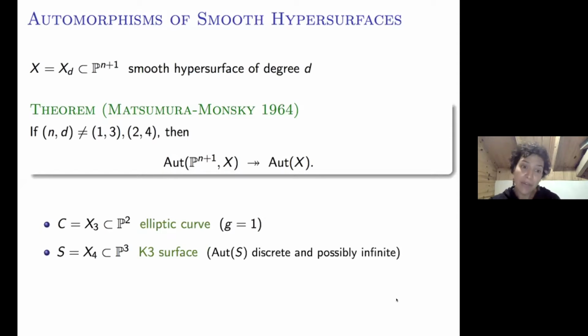In the case of an elliptic curve, we have already discussed the automorphism group. In the case of a K3 surface, the automorphism group is always discrete, but it may be finite and it may be infinite. So it depends a lot on the surface itself. Here we have a jungle of possibilities.